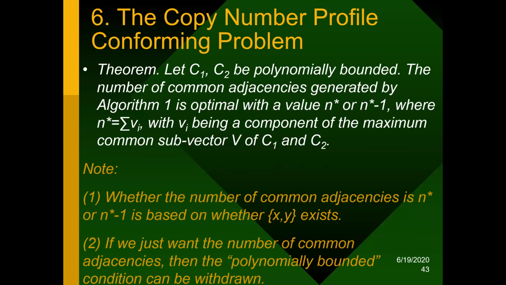Whether it is n star or n star minus 1 is based on whether this x, y can be found. Finally, if we simply want this number n star or n star minus 1, then we can withdraw this polynomially bounded condition. Otherwise, if you have to construct S1, S2 explicitly and this condition is not satisfied, certainly the length could be exponential.